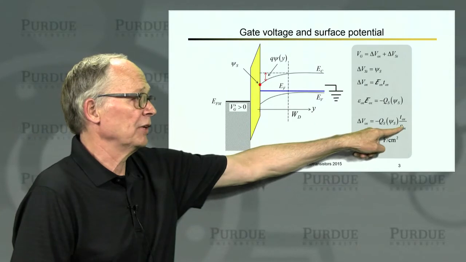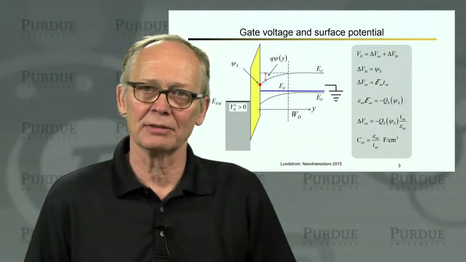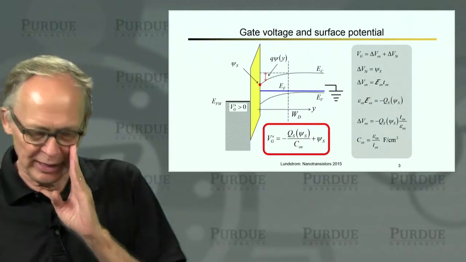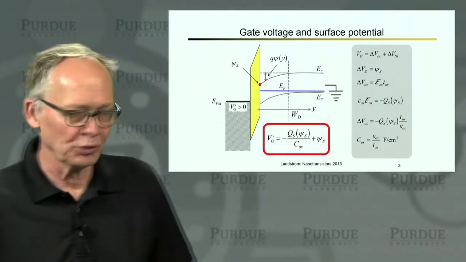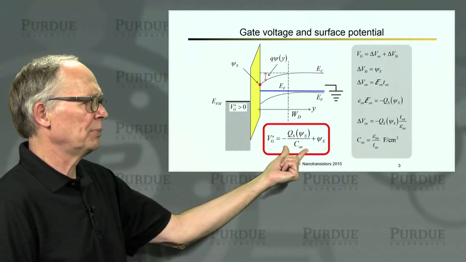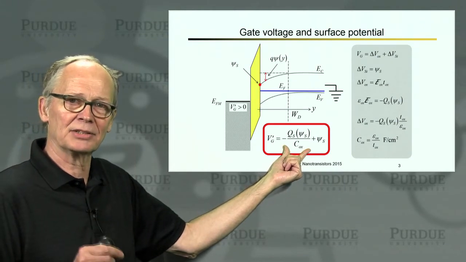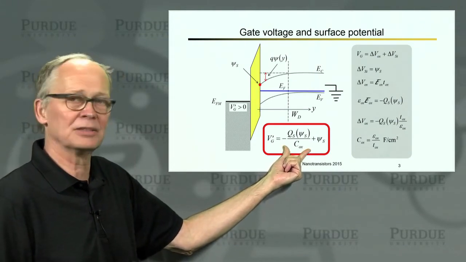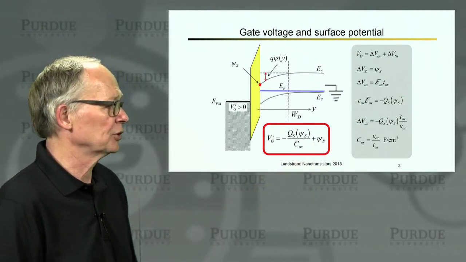So I can write this quantity as 1 over the capacitance per square centimeter of the oxide. And we get the final, very simple, but very useful and very important relation. The gate voltage is the volt drop across the oxide, which is simply minus the charge in the semiconductor divided by the oxide capacitance per square centimeter, plus the band bending or surface potential.